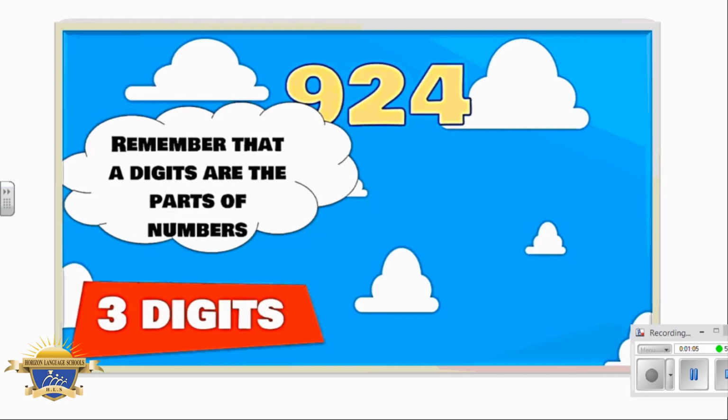We have here 1, 2, 3. We have 3 numbers. So the number is 3 digits. 924 is a 3 digits number.